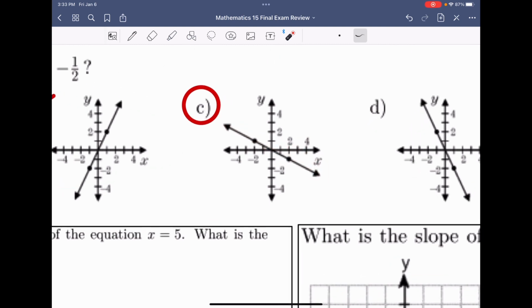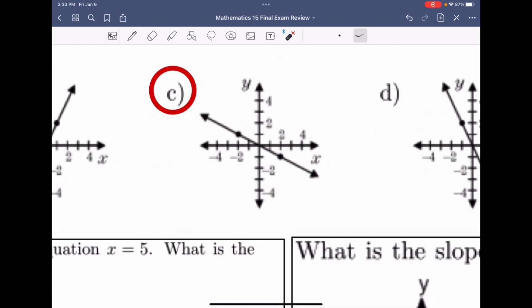But let's confirm that on the graph. If I look at these 2 points, I'm going from -1 to +1. The vertical change when we go left to right is the following. I'm going to go down 2 and then over by a certain amount. When I go down 2, I'm going to put a -2 here. And then how much do I go left to right by?